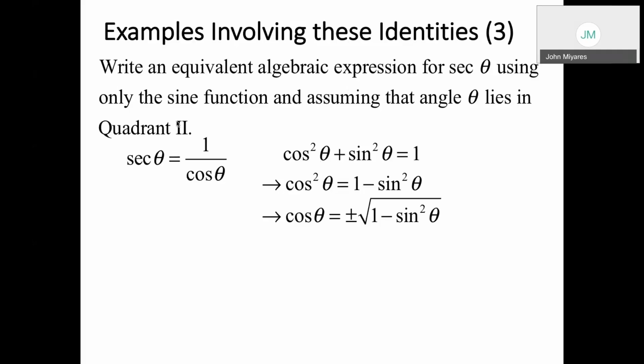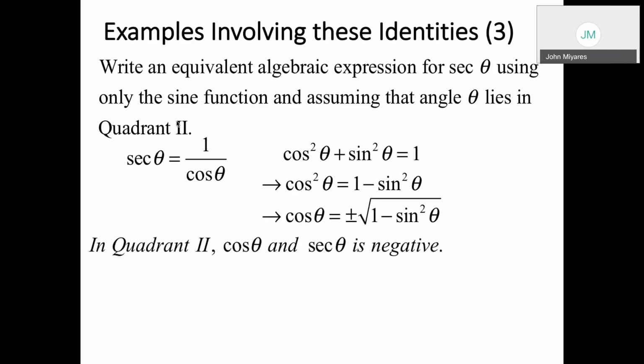Since we're in quadrant 2, we know that the cosine and the secant are both going to come out negative. So that means we're going to want to use the negative square root here. Now, let's substitute this expression in for cosine into our reciprocal identity.